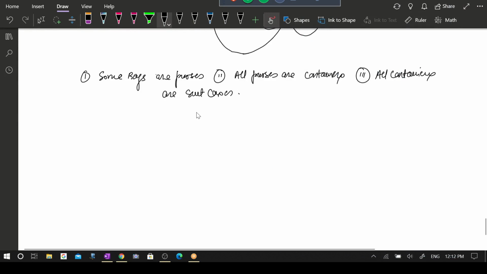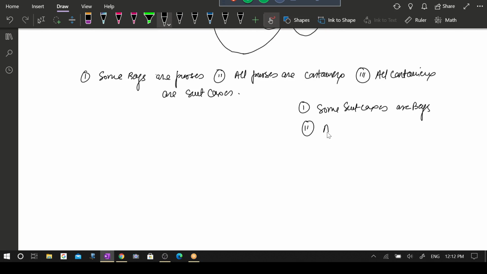All right, this is a state exam question. Some bags are purses, all purses are containers, and all containers are suitcases. Then your conclusion one is some suitcases are bags. You just draw the diagram.